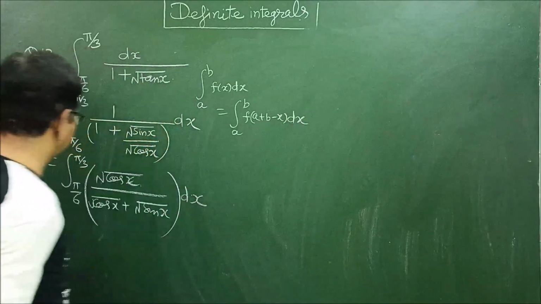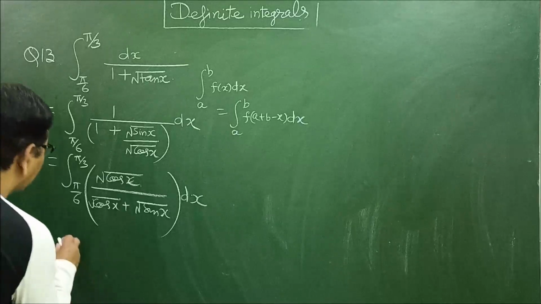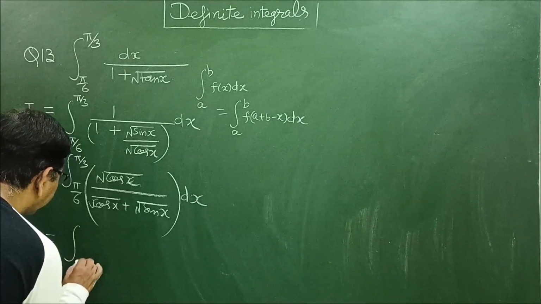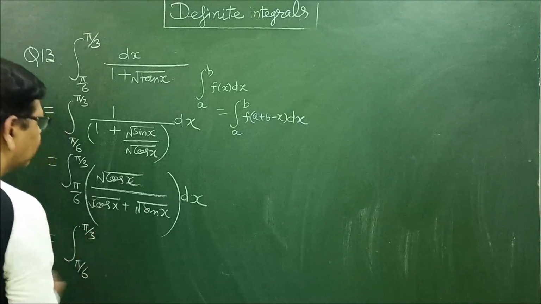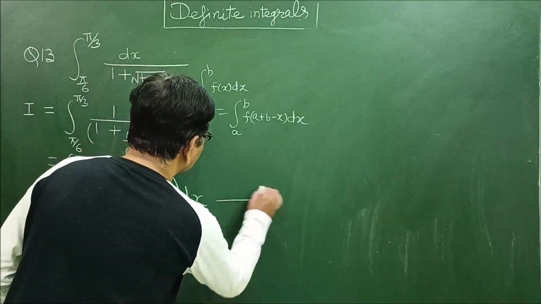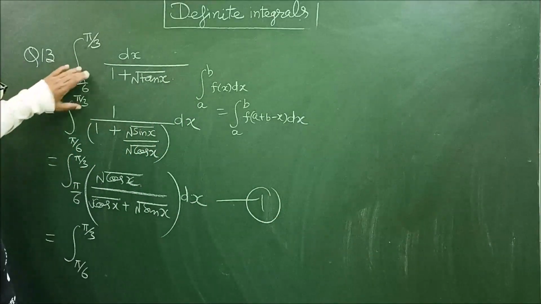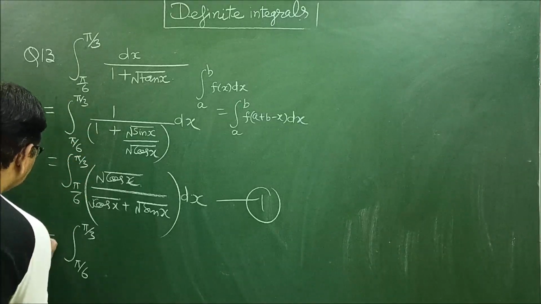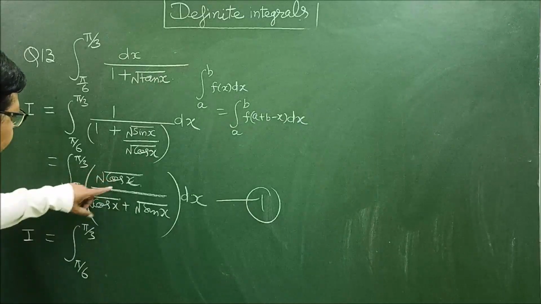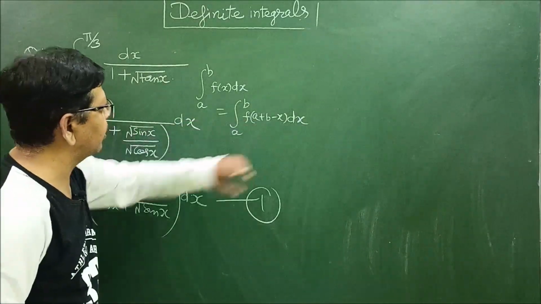So using that property we can write this is equal to pi by 6 to pi by 3, and let this be first. Now this integral will have the same value I if we replace x by a plus b minus x.